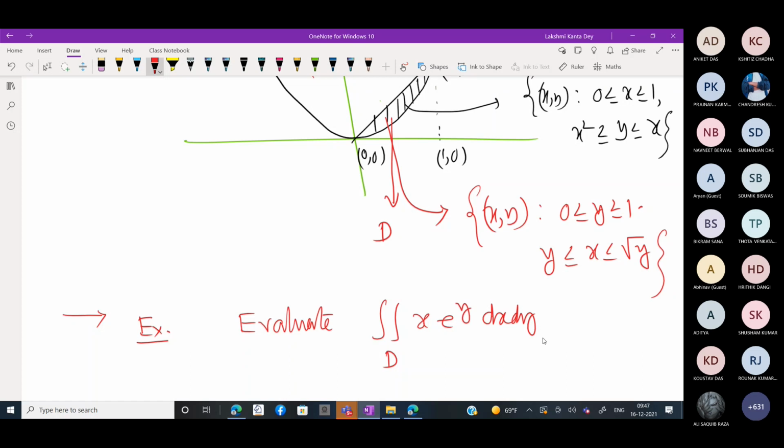So you have to do it. Or maybe a little bit easier, I can make it x y cube by 5. So this is your home exercise.